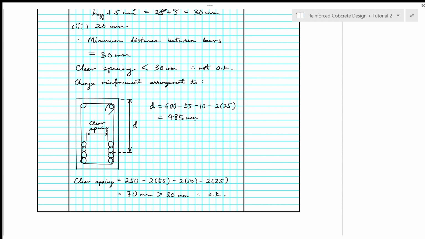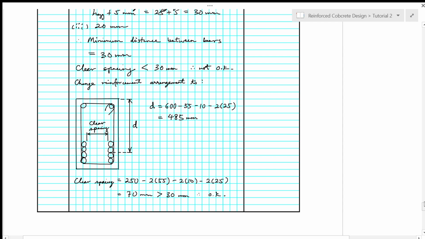So you can do the checking by yourself, by doing the calculation again for bending and shear reinforcement design using this new effective depth of 485 mm. But I reckon that it is okay, because it's not much difference, right?